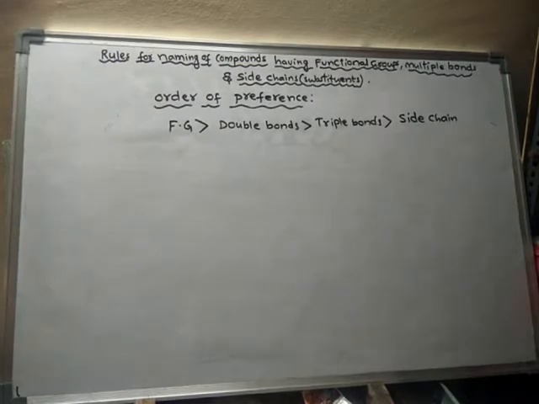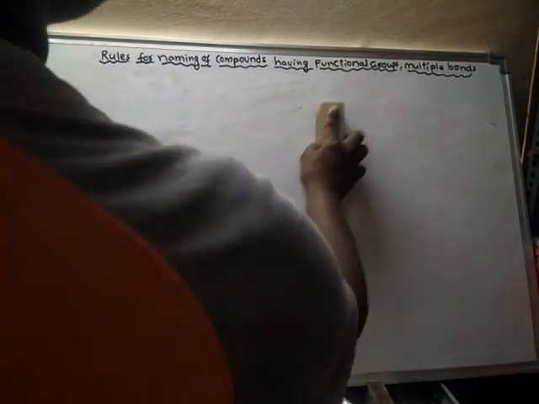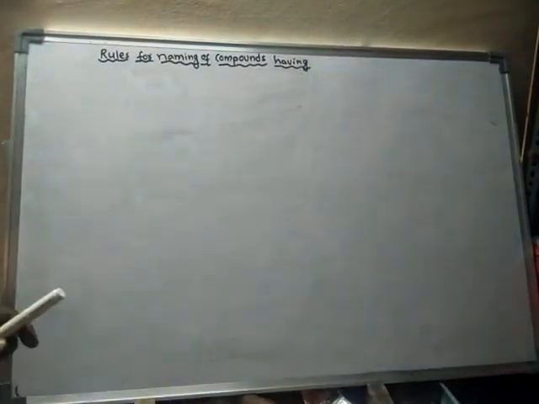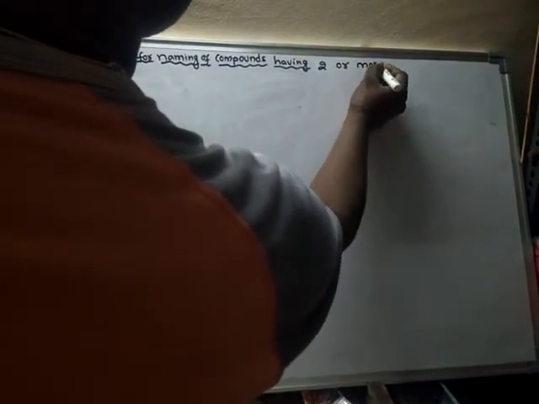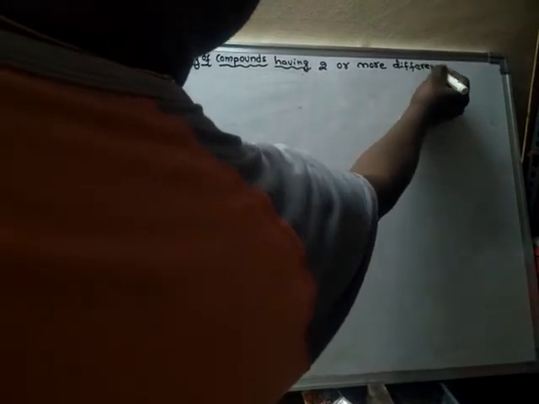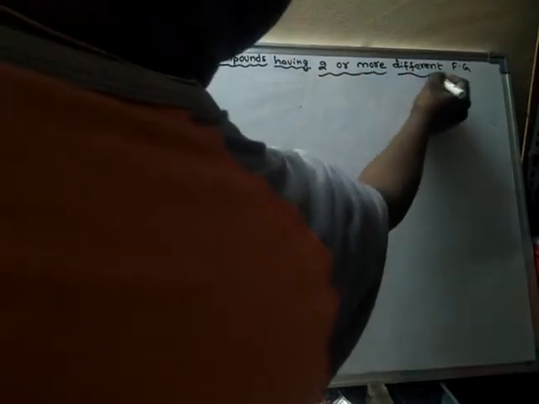Now let us learn the rules for naming organic compounds having two or more different functional groups. This is most important.